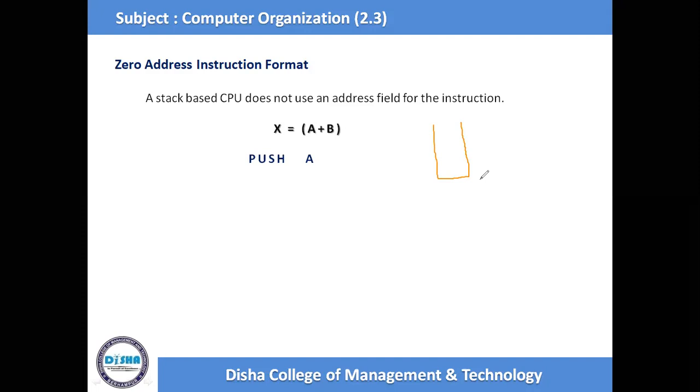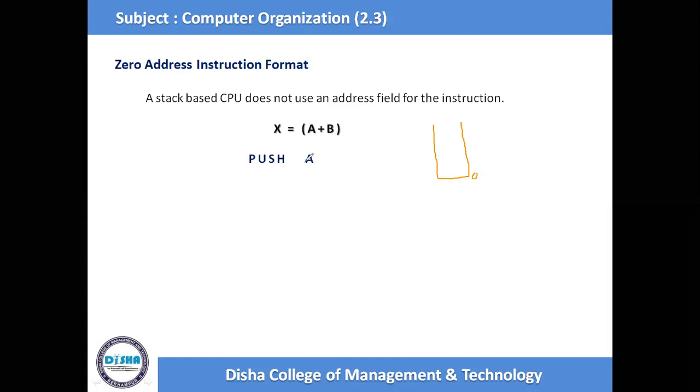If the stack pointer is 0, the stack is assumed to be empty. If the stack pointer is 1, the stack has one element. Similarly, as the stack pointer increases, it indicates the number of elements inside the stack. Initially the stack pointer is always 0, at the 0 location.